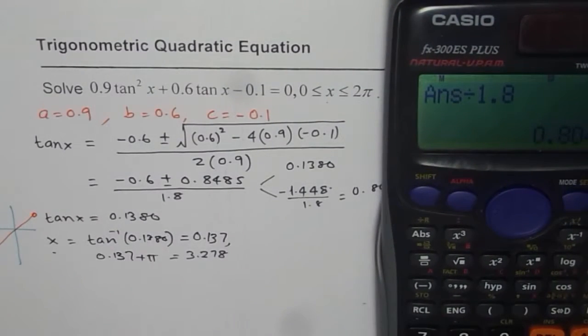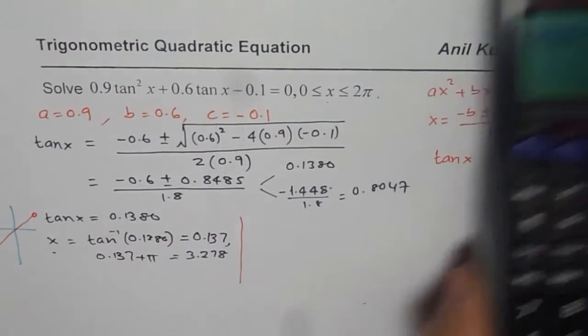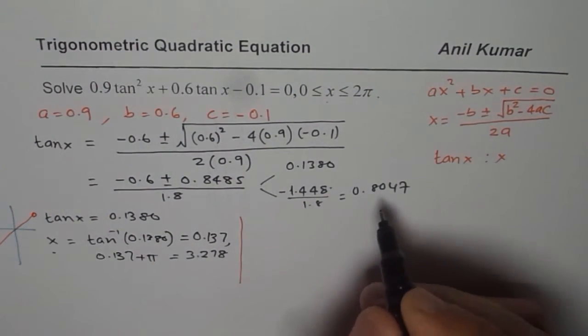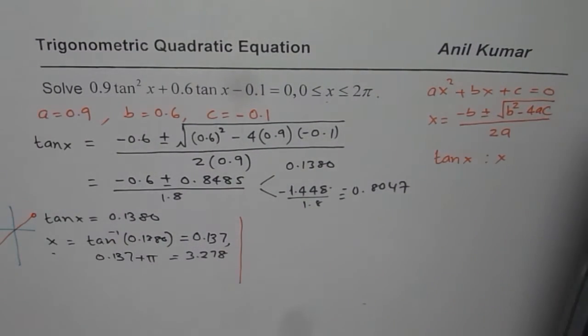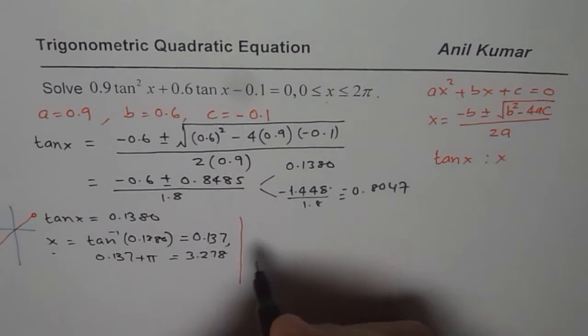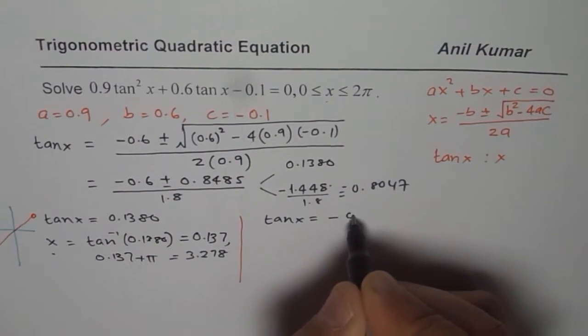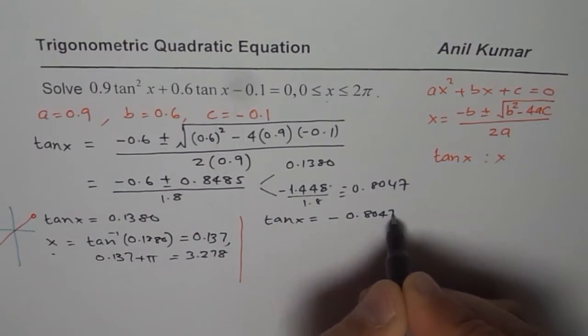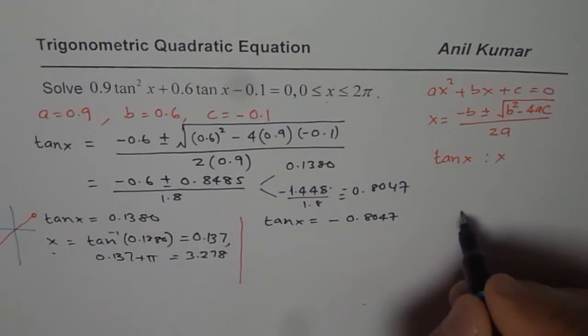Now once you get that value, let me do the second half here. So now we have to find the solution for tan equals negative of this value. So we have tan x equals negative 0.8047. Now in such cases, you should find the related acute angle, correct?